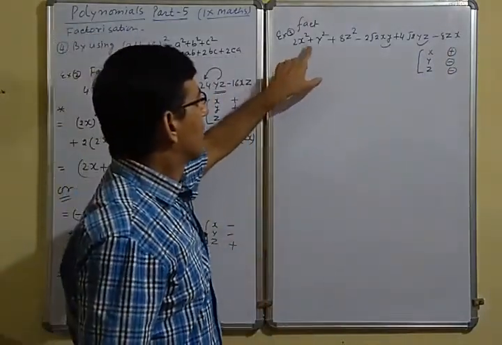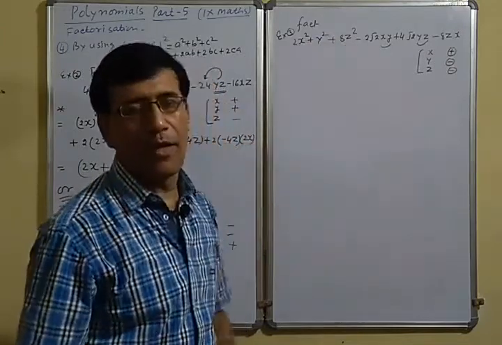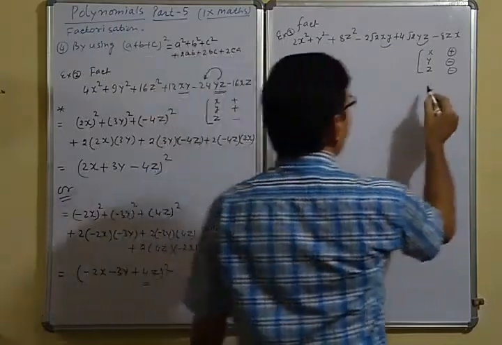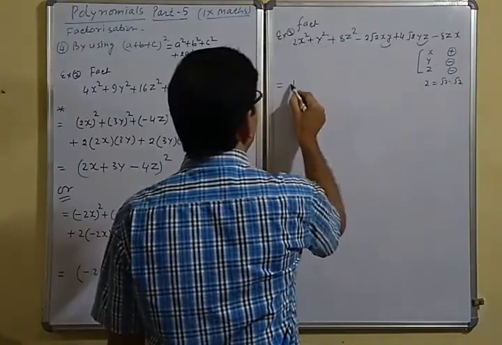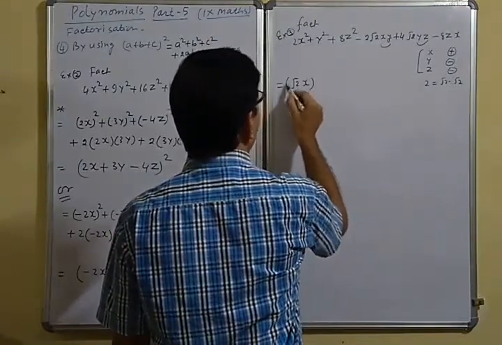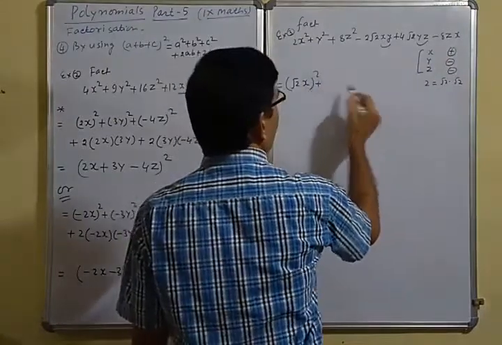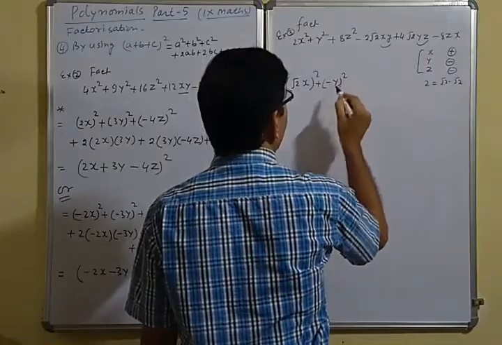Three squares are there: 2x square, y square and 8z square. Now we have to find out. So 2x square, what can we write? 2 is root 2 into root 2. So this becomes (root 2 x) whole square. Sign is plus. For y, the sign we have taken is negative, so it is (minus y) whole square.